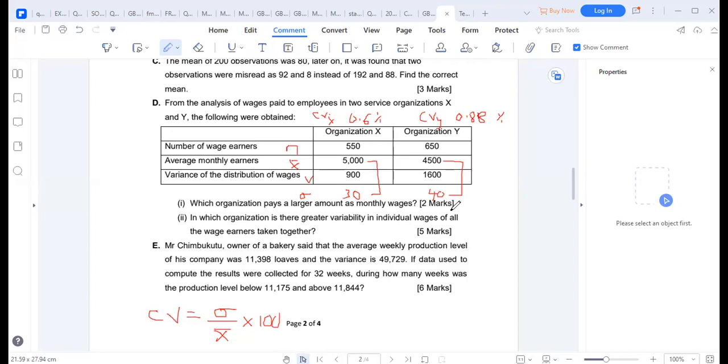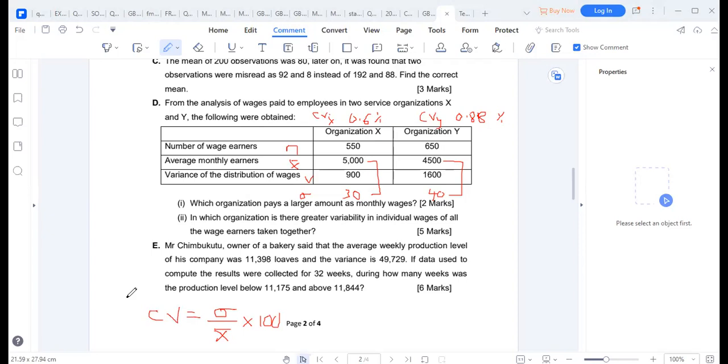Mr. Collins, sorry to take you back. When you find the standard deviation, I get for X 900, which is 30. And then you came to 5,000 divided by 30 multiplied by 100.